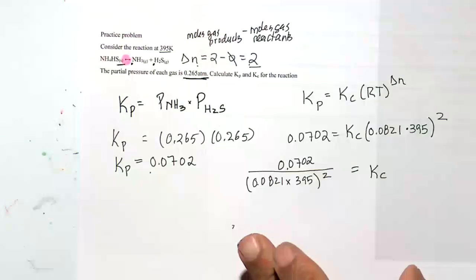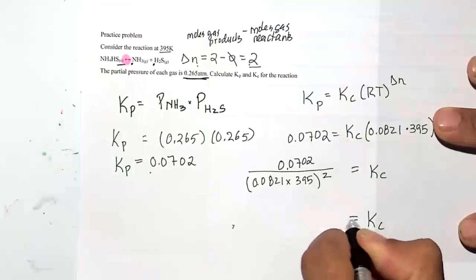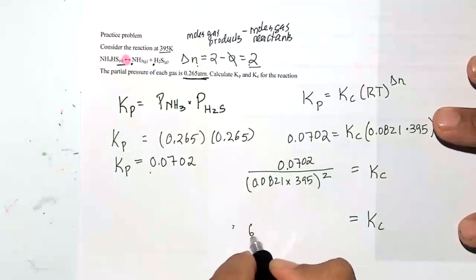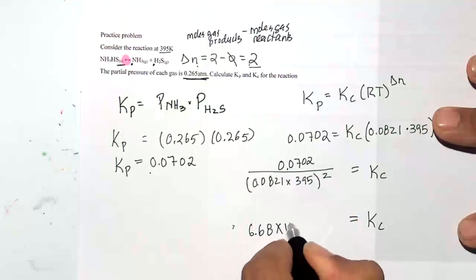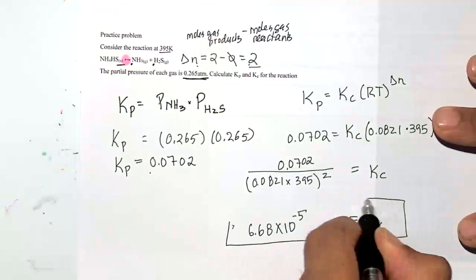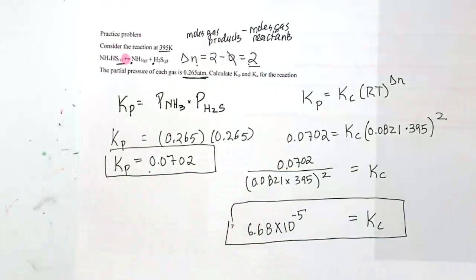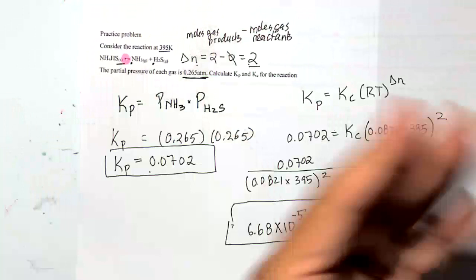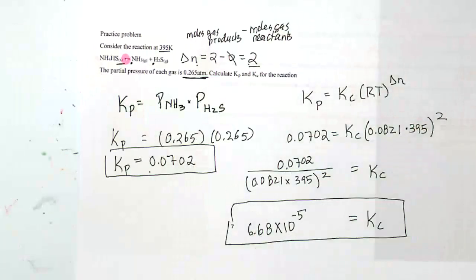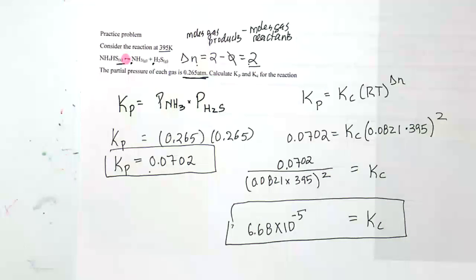And what did you guys get here? See if you get what I'm getting, and that's about 6.68 times 10 to the minus 5, in terms of concentration. Both of these numbers are less than 1, and they both corroborate one another in that this equilibrium reaction favors the reactants.